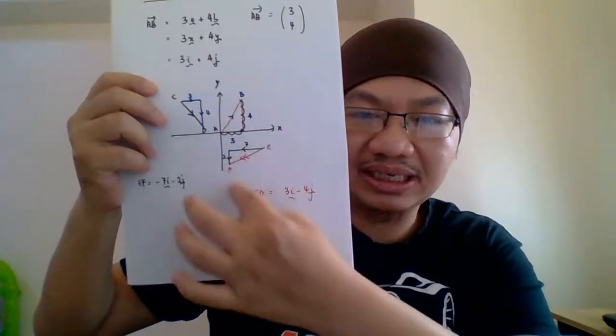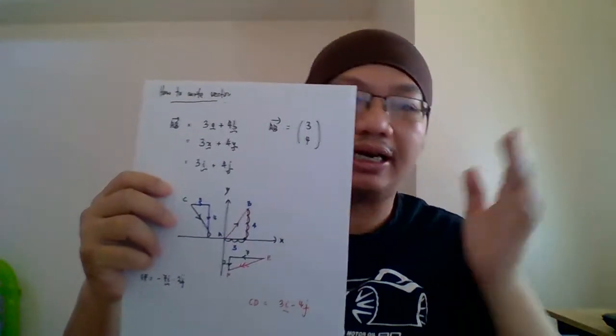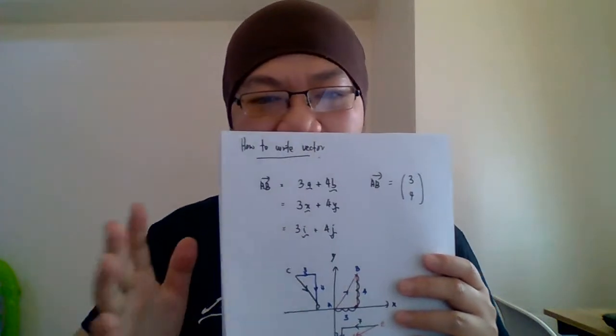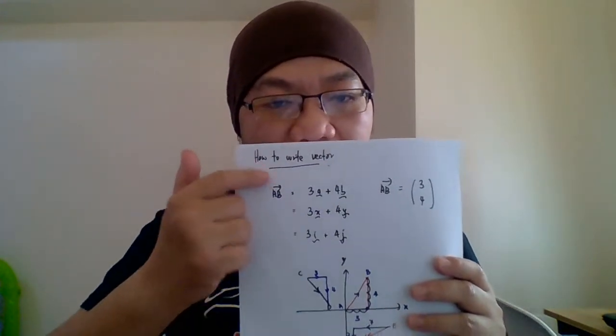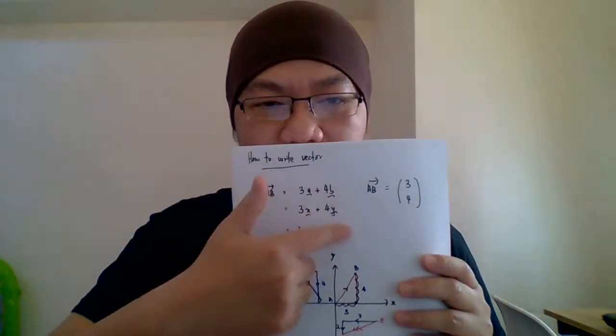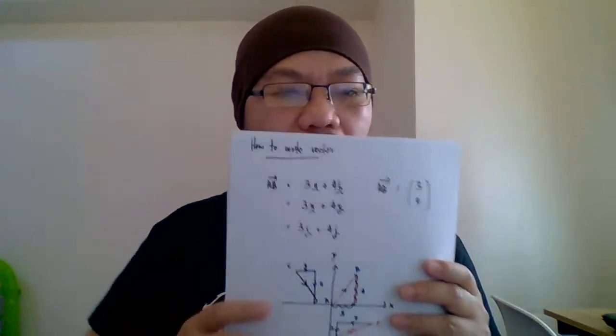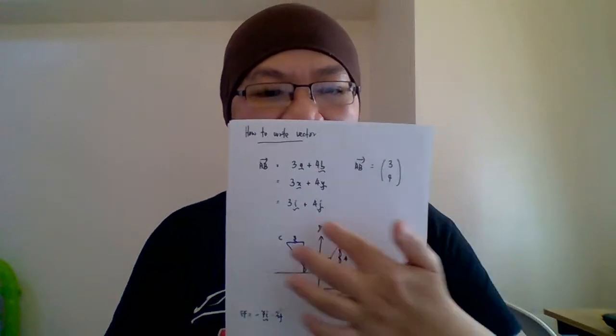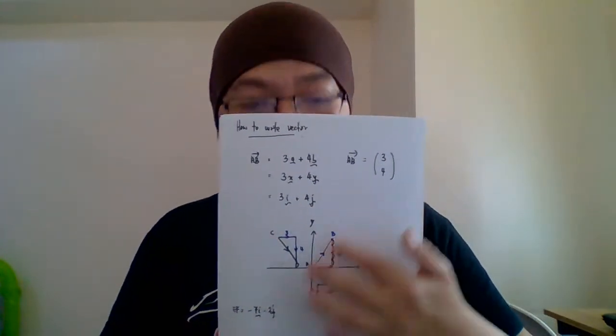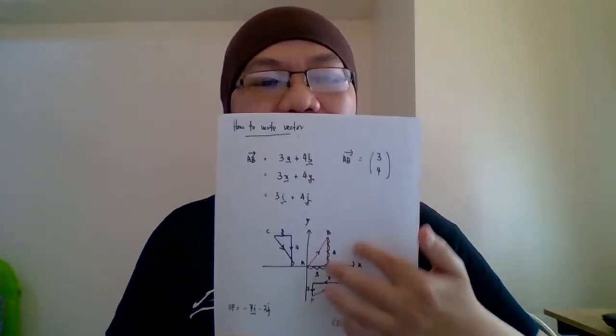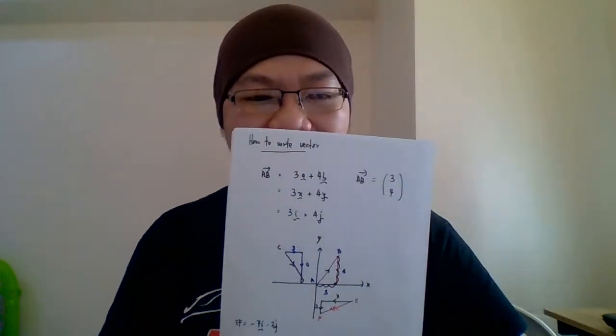So this is how we write the vector. Let me repeat again. We can write the vector in vector form, or we can write the vector in matrix method. Or we can also write the vector on the Cartesian plane. That means we need to draw the vector.